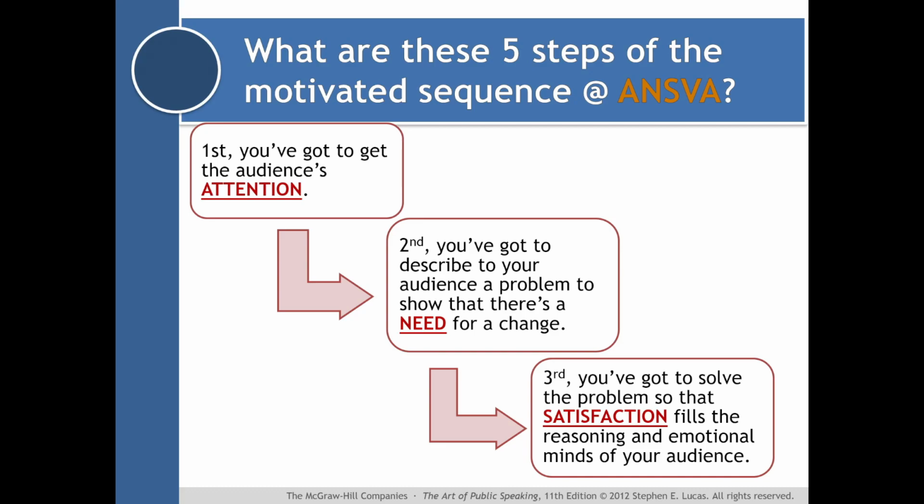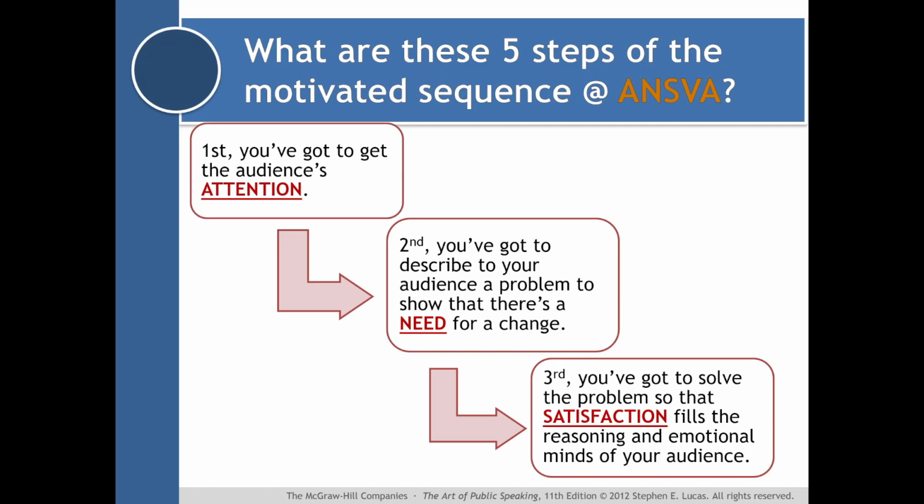Whatever problems you have described before, the solution should be able to solve them, so that it will satisfy what the audience is thinking about. Because sometimes they might think, oh, there is a problem, can this really be solved?